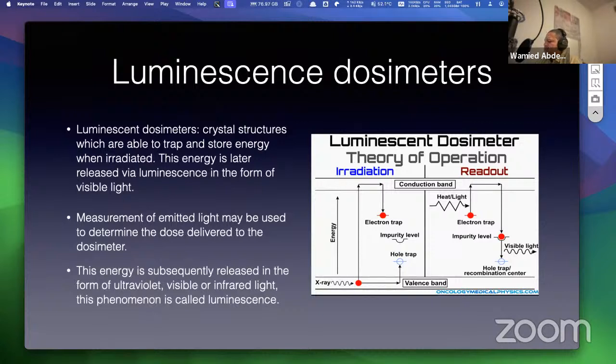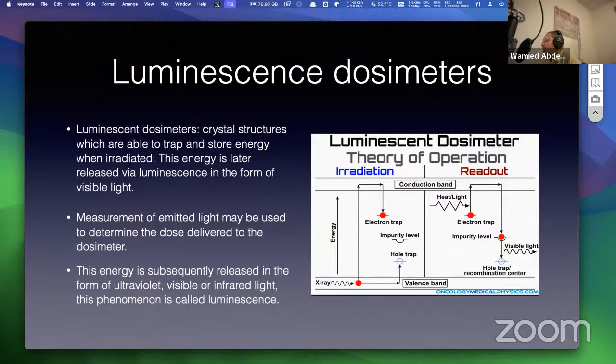And many of these electrons are going to then drop back to the valence band, and when they do this, they will emit light. But luckily some of these electrons don't go back to the valence band. They will actually be in a hole, in an energy trap. So they're storing some information.